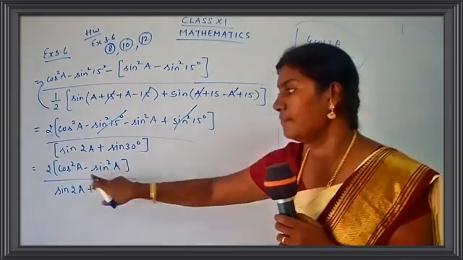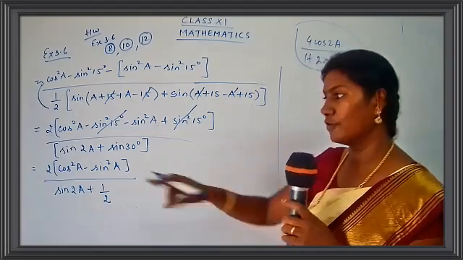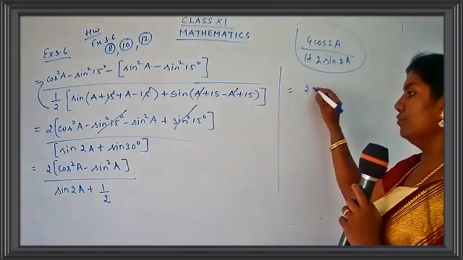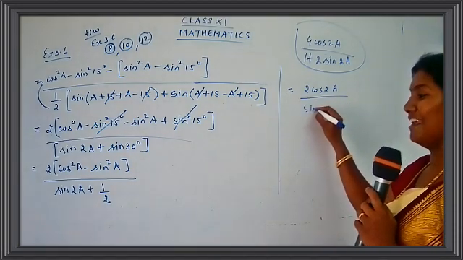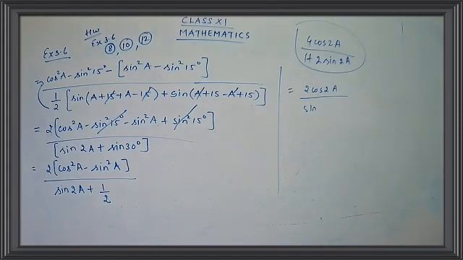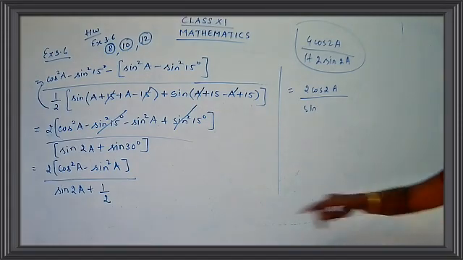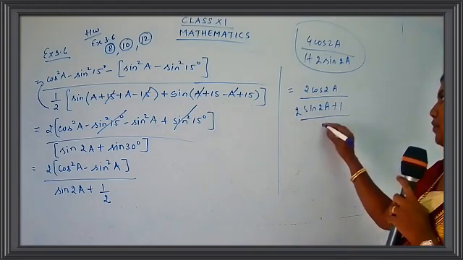So cos square A minus sine square A, this is a double angle identity for cos 2A. We have written the first formula for cos 2A. This is equal to 2 cos 2A upon sine 2A plus a half. Just take the reciprocal over here.